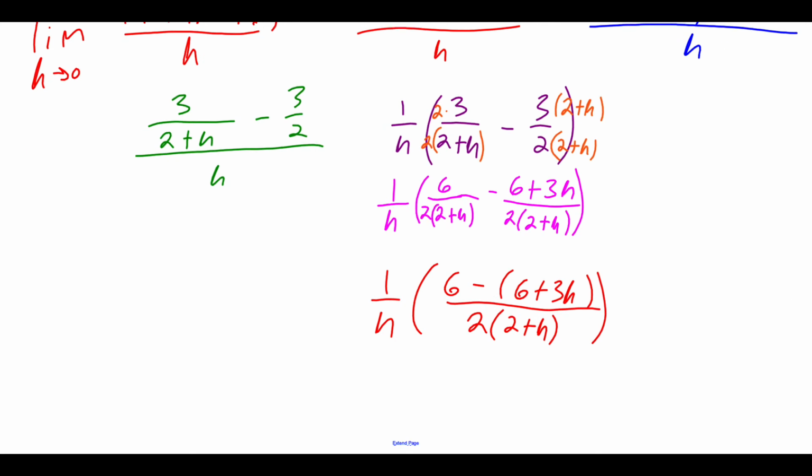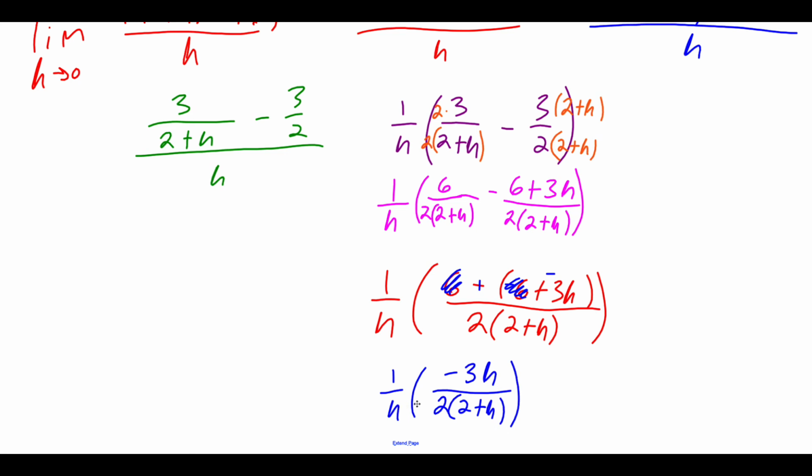And then if we combine like terms in that fraction, I'm going to distribute this negative, so that turns that 6 into a negative 6, and then that 3h into a negative 3h. This 6 and this negative 6 cancel each other out. So now we have 1 over h times negative 3h over 2 times 2 plus h.